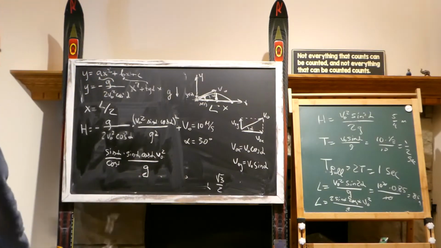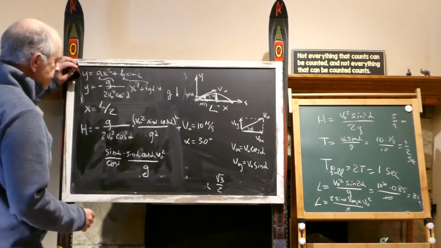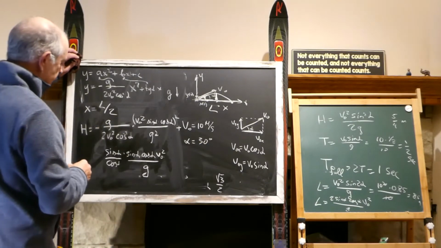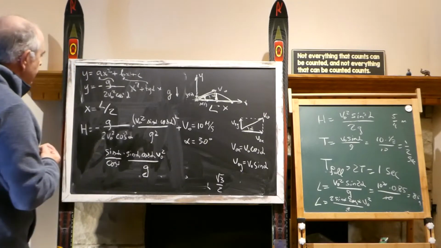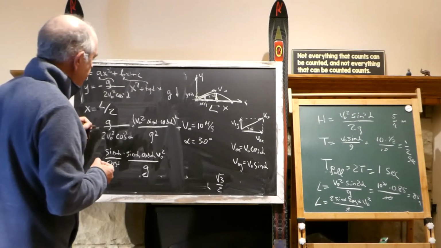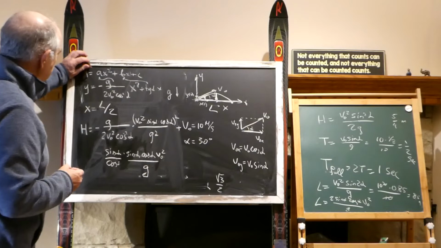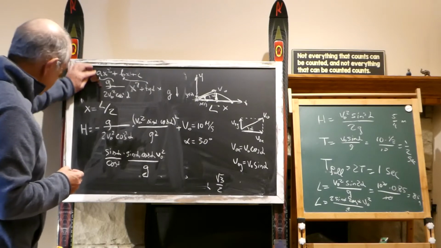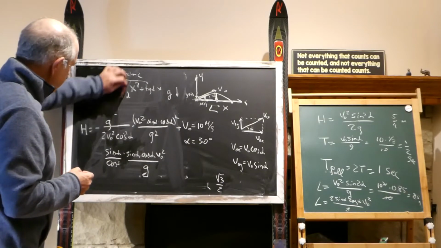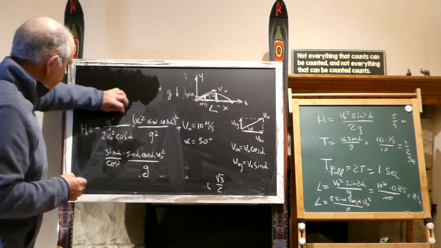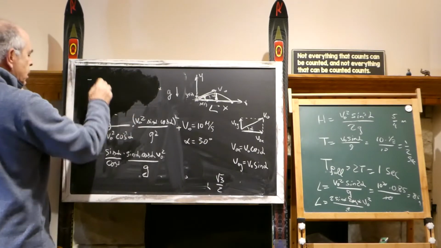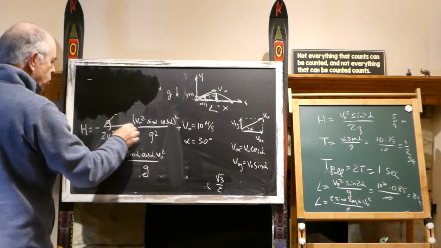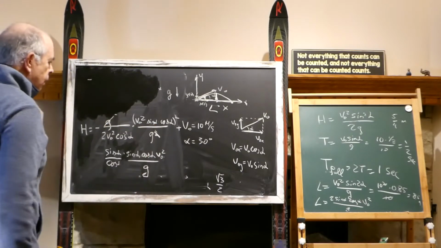So let's see what happens with this, and I don't have room for this. But okay, let's remove this, and I will write it here. So this would be minus g, this g and g would be gone, right?